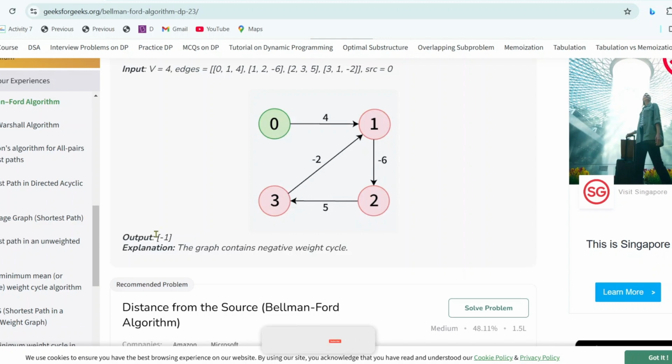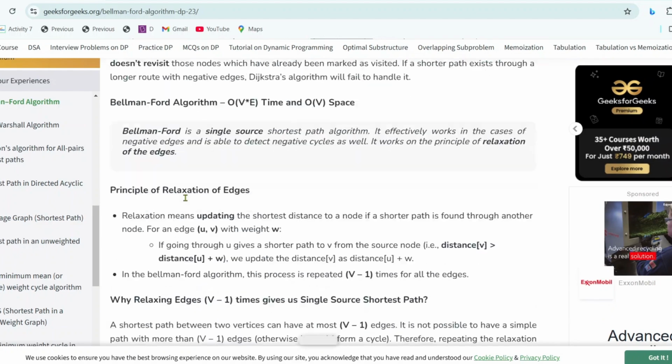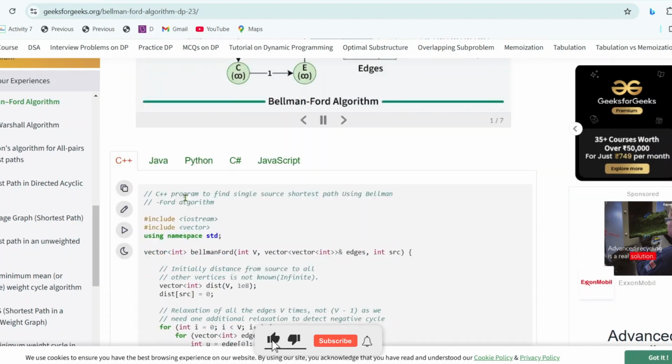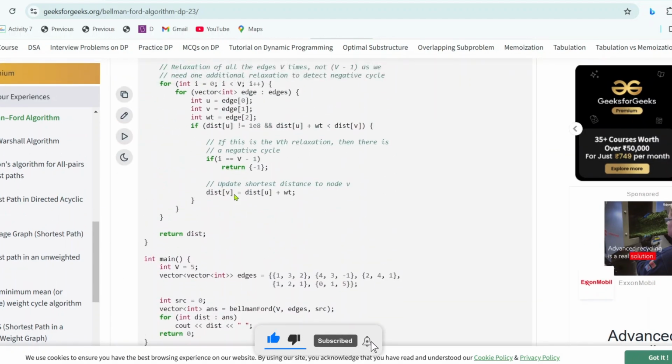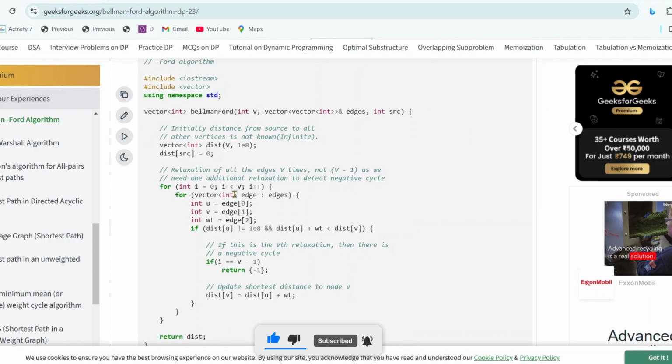So we return the output here as minus 1. As we see in the explanation, they say that the graph contains a negative weight cycle. As simple as that. And you can also check the code. It is also a very straightforward code.